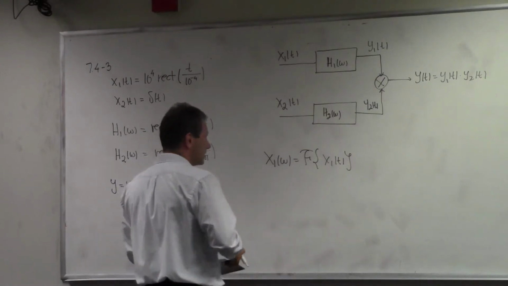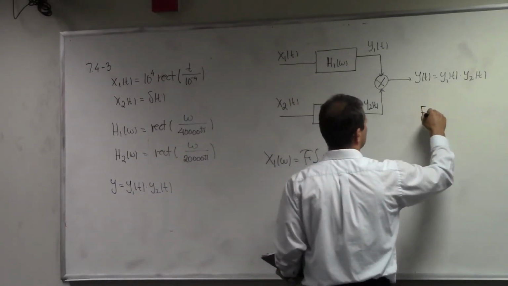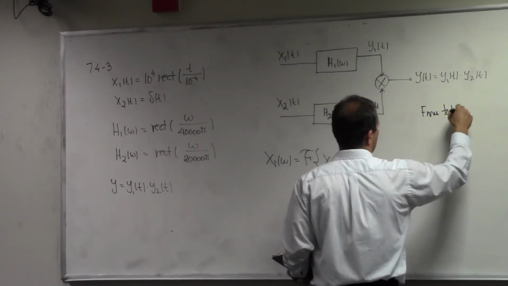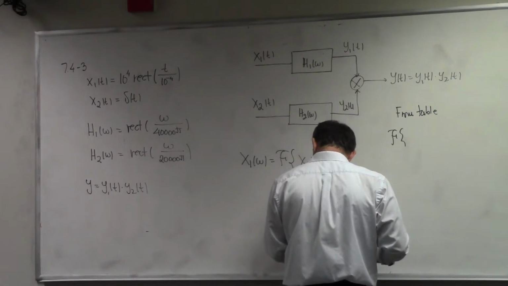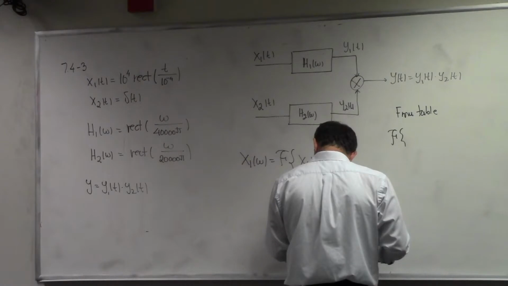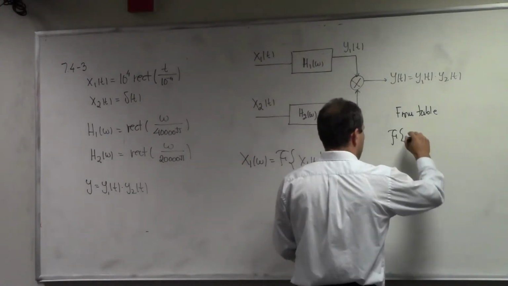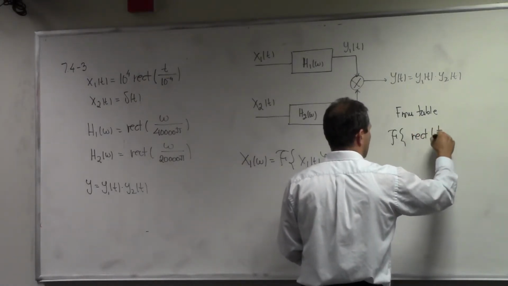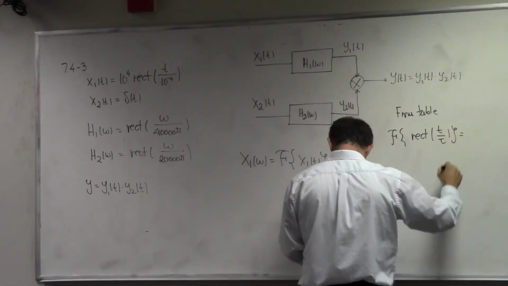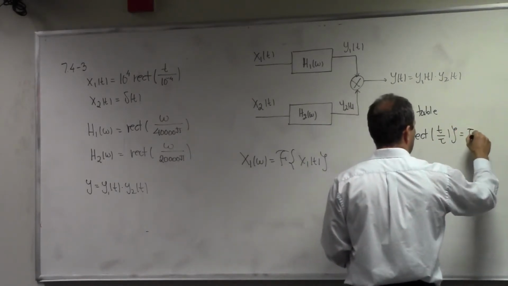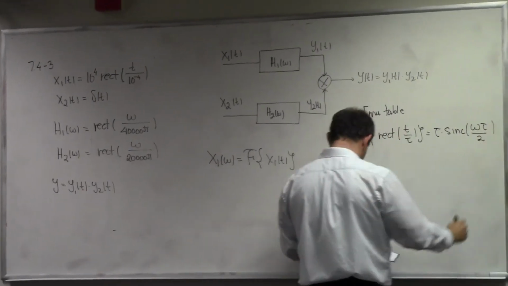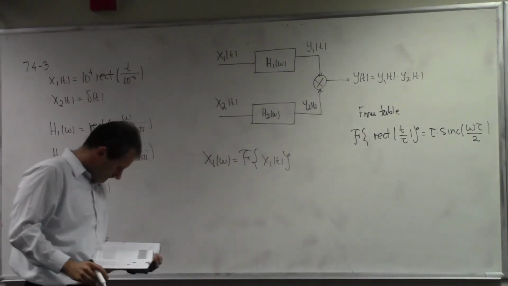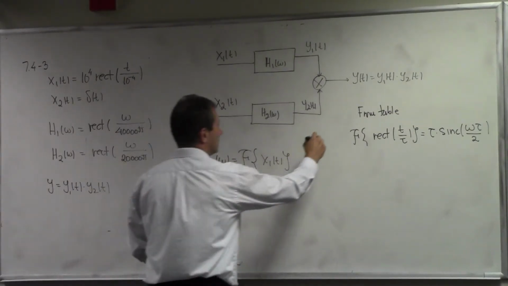We have the Fourier transform of rect of t over tau to be tau times sinc of omega tau over 2. That's result 17 in the table.